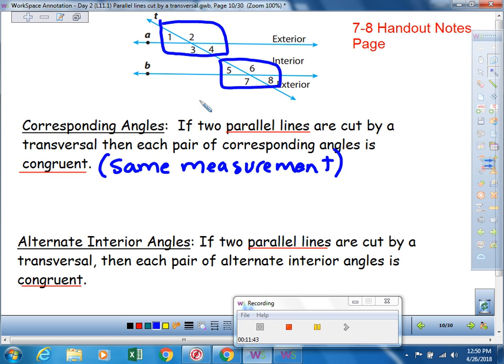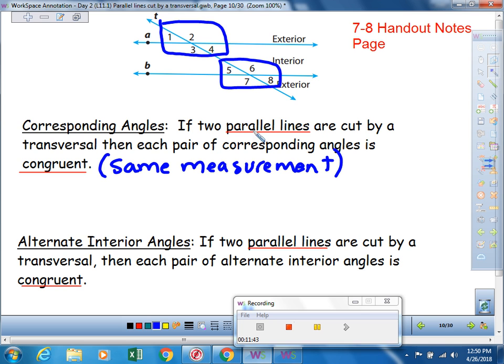If 1 is 40 degrees, how much is 5? 40 degrees. Jeffrey? Okay, so they are congruent. They are the same measure.